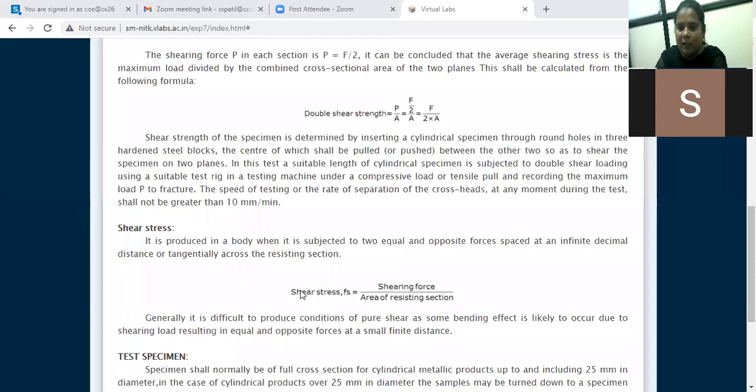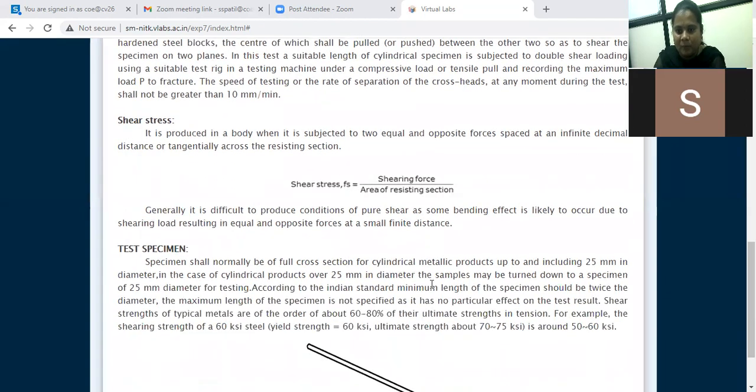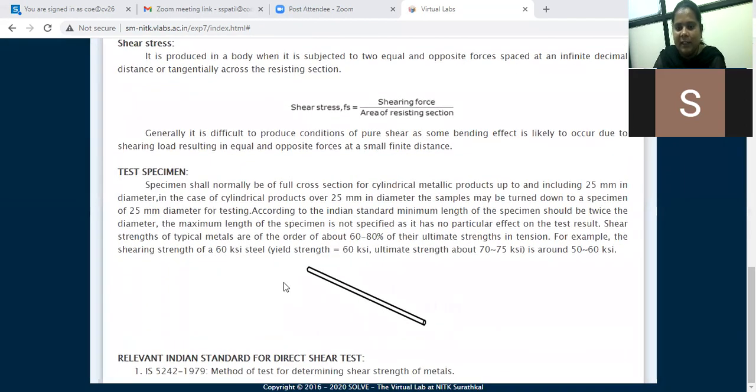Please remember that. Shear stress is equal to shear force divided by the area of the resisting section. After that, we studied the test specimen. For performing this test, we have to take a cylindrical rod with a diameter up to 25 mm, and the minimum length for this rod is 2 times the diameter.